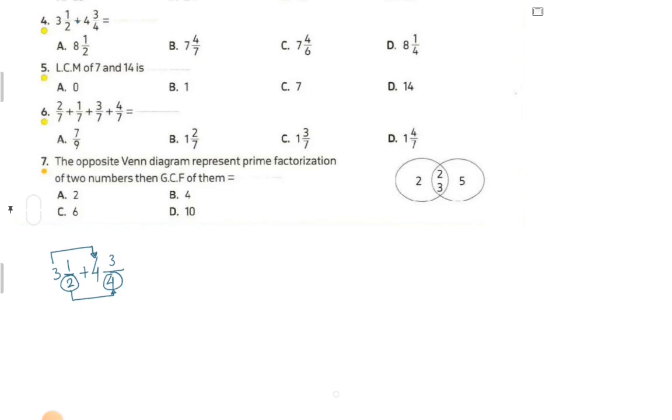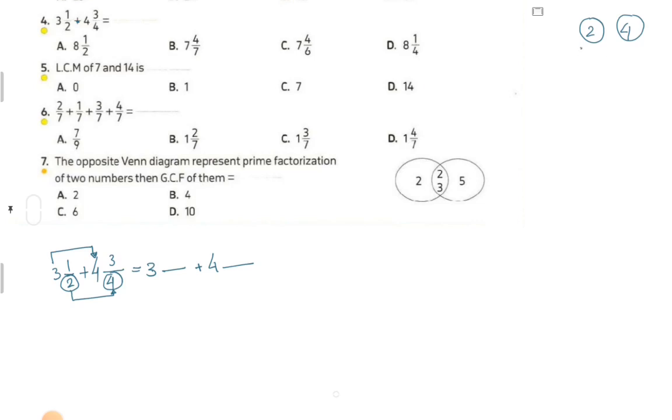The fractions here have two unlike denominators, 2 and 4. Now when we find two unlike denominators like 2 and 4, we have three cases.